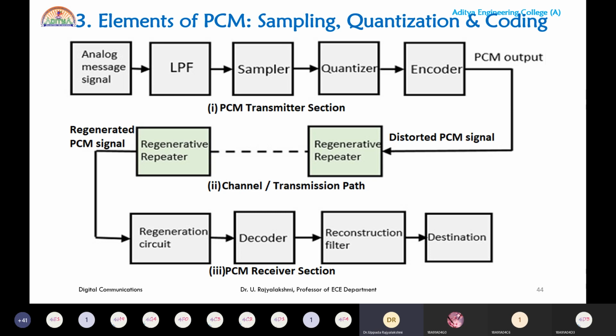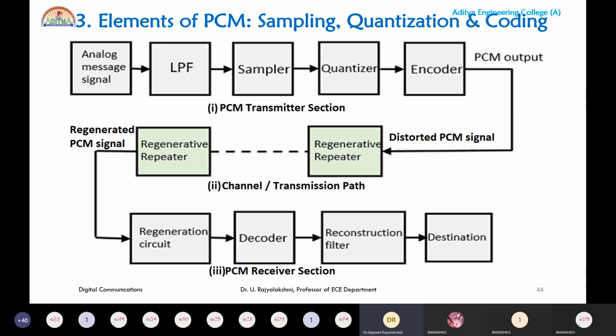So in the channel we have multiple regenerative repeaters which regenerate the original signal. Those are normally called repeaters. And why are they called regenerative? Because they regenerate the original signal.